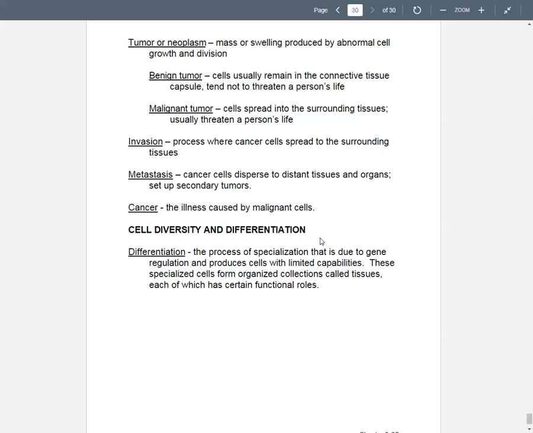And specialized cells will form specialized tissues. And those tissues will have special roles. Okay? So it relates back to our levels of organization from chapter 1. Okay? So you have different kinds of cells, have different functions. Different structure, different function. Right? Remember, structure determines function.